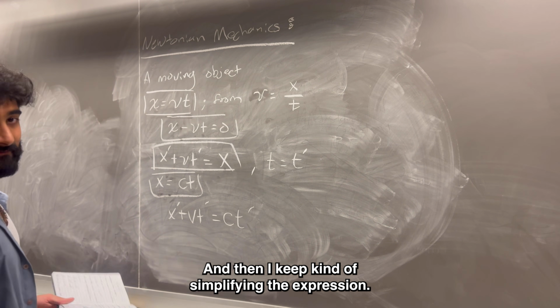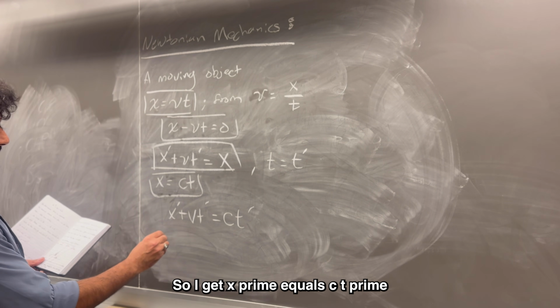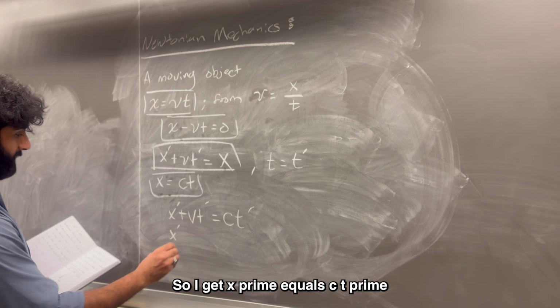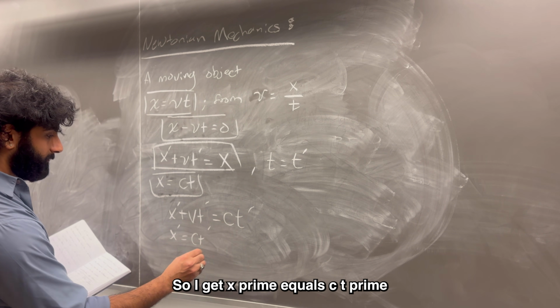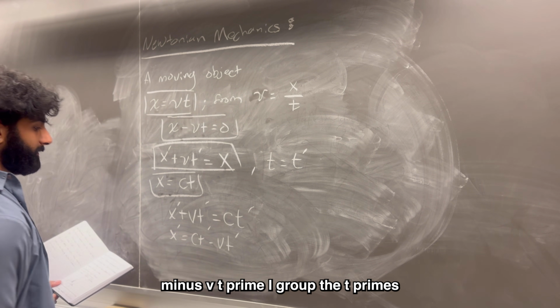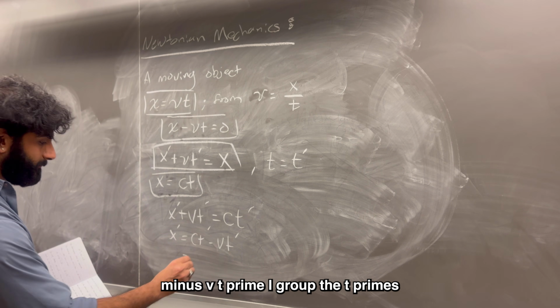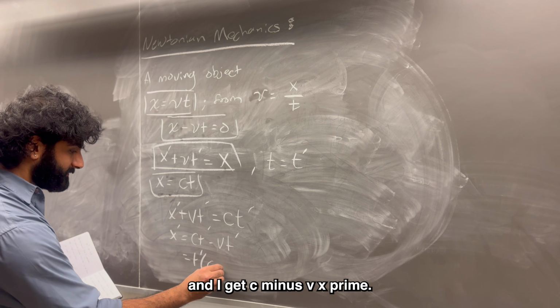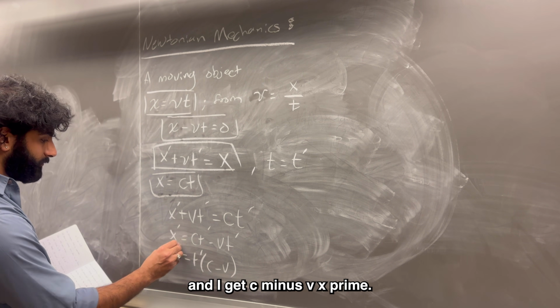And then I keep simplifying the expression. So I get x prime equals ct prime minus vt prime. I group the t primes, and I get c minus v times t prime.